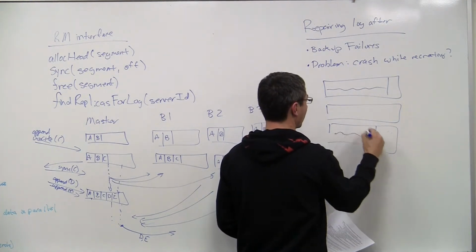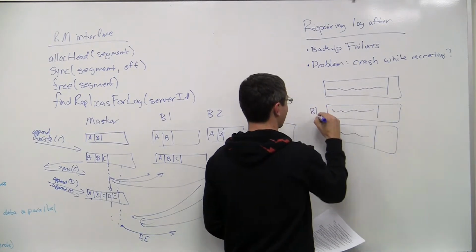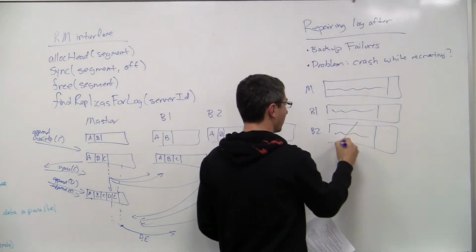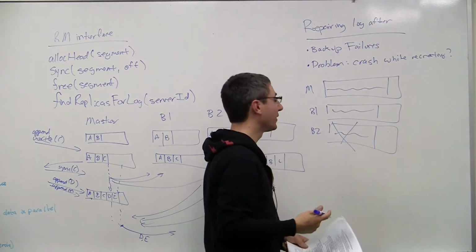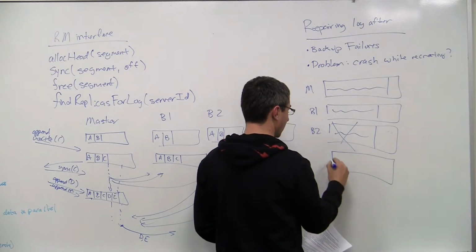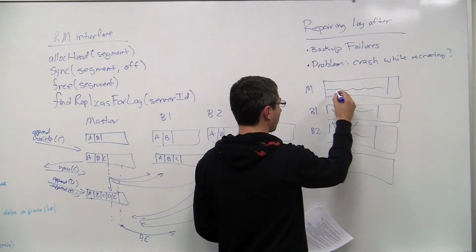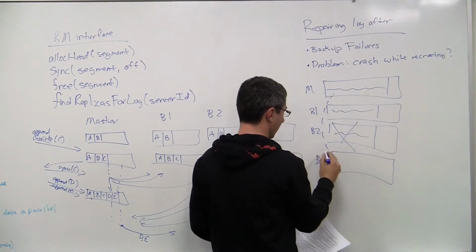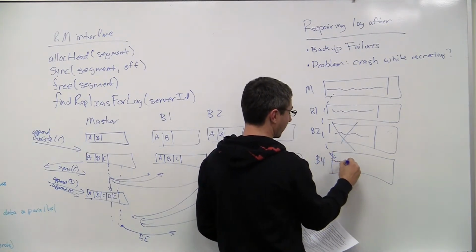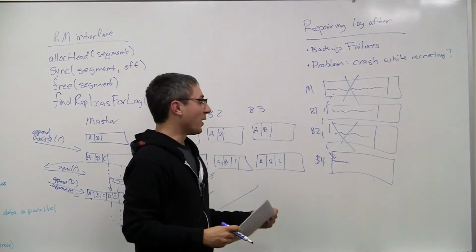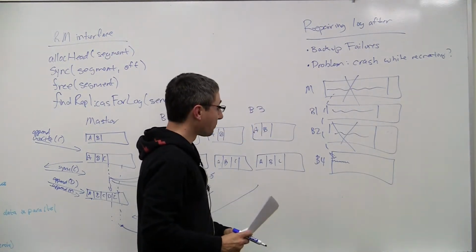I'll just draw two here. And we lost B2, and the master finds out about this and says, oh, I need to recreate a segment somewhere else in the cluster. So it begins recreating the segment on, say, B4 or whatever, and it starts filling it up, and then the master crashes. So now what happens when we perform recovery?